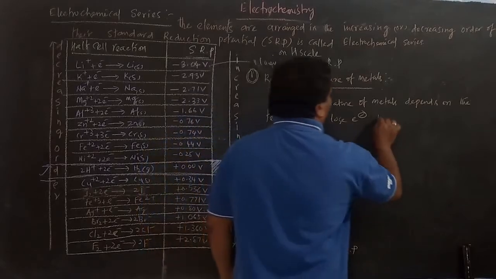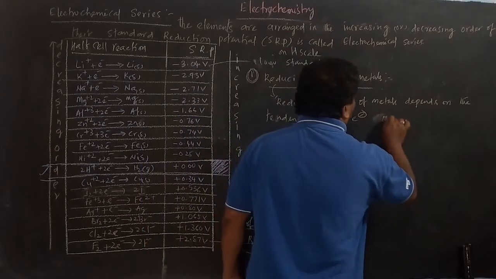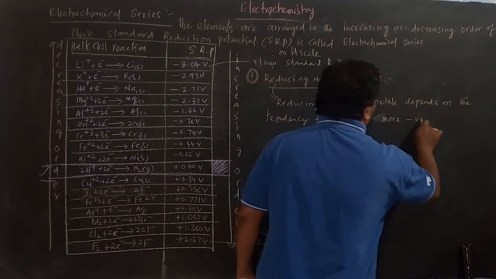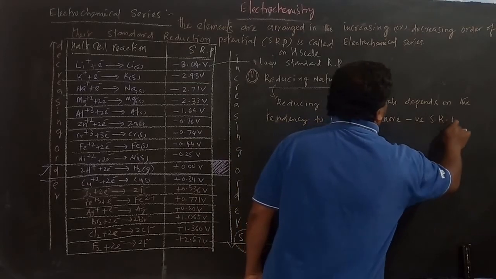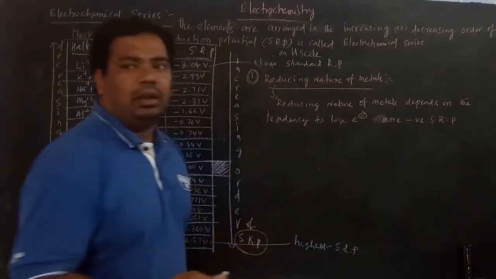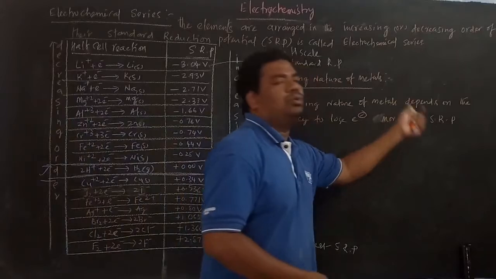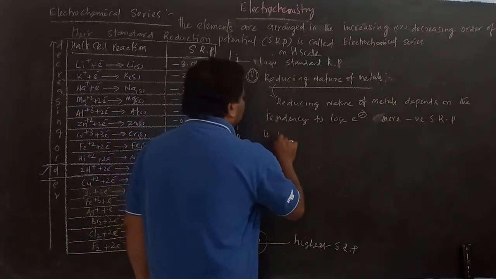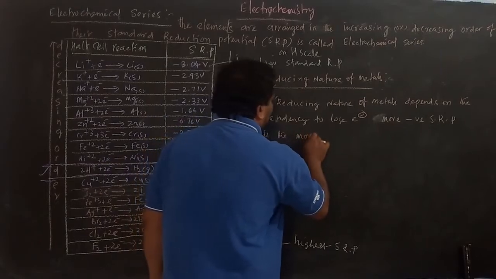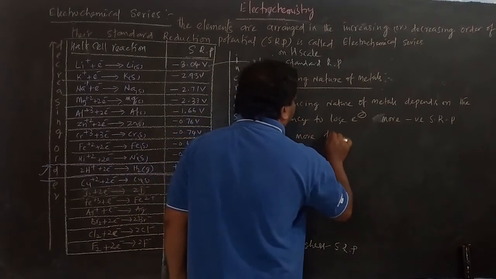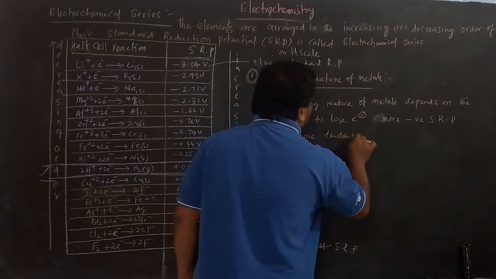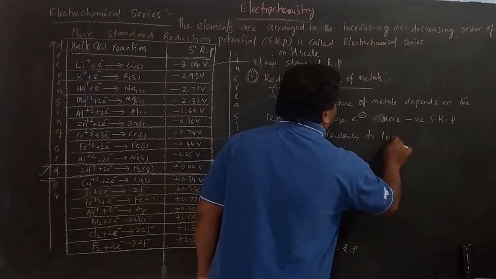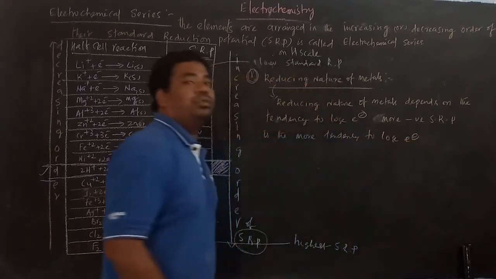The metal with more negative standard reduction potential has more tendency to lose electrons. That is very, very important.